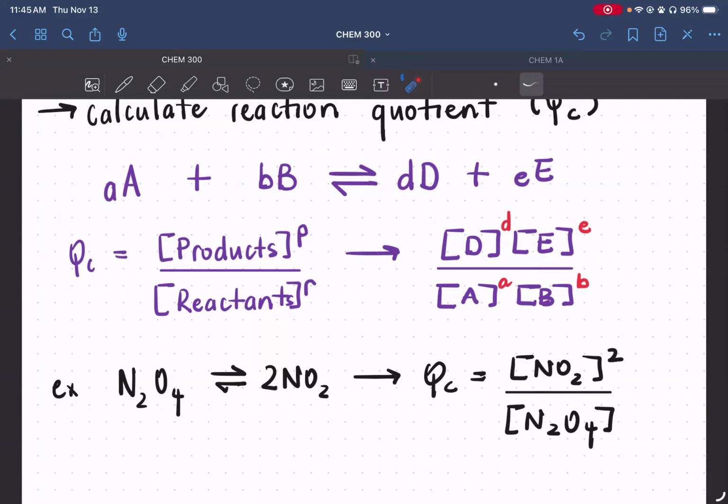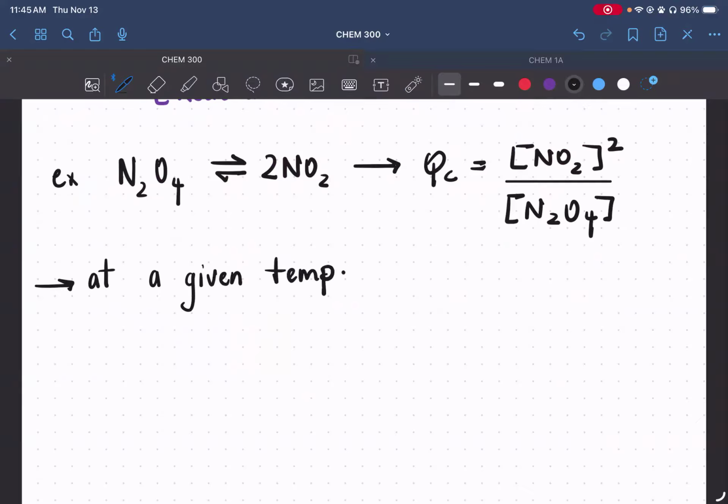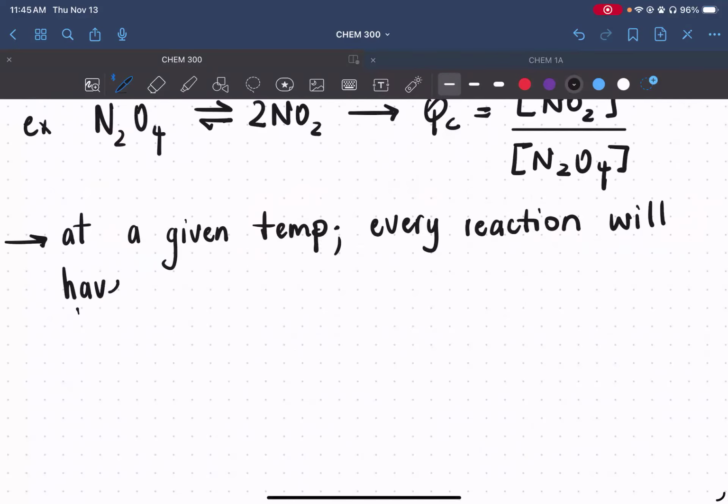But this is just a calculation of something called a reaction quotient. How do we use this information to tell us if something is at equilibrium? Well, the first thing to note is at a given temperature, every reaction will have what's known as an equilibrium constant.